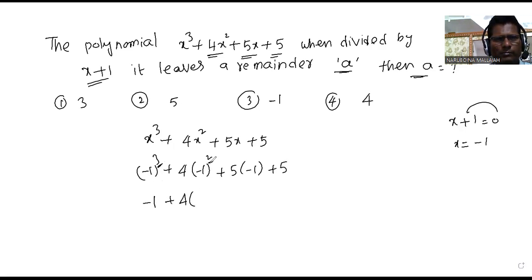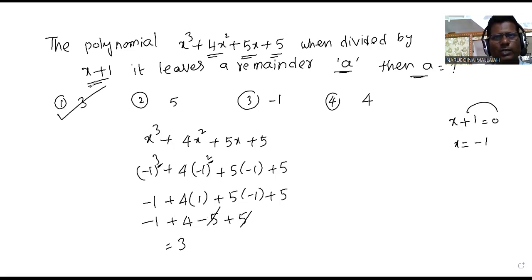Here the power is even, so we get +1, plus 5 into -1, as it is, plus 5. -1 + 4 is 3... -1 plus 4 into 1 is 4, plus 5 into -1 is -5, plus 5. -5 plus 5 gets cancelled. 4 minus 1, that is 3. So +3 is the remainder. So the a value is 3.